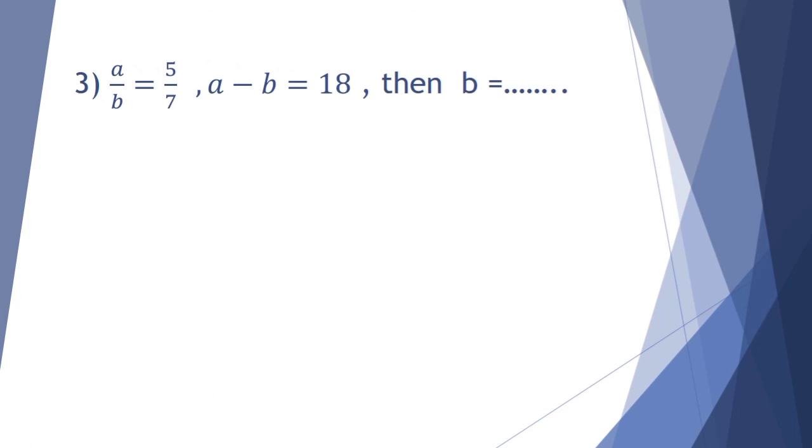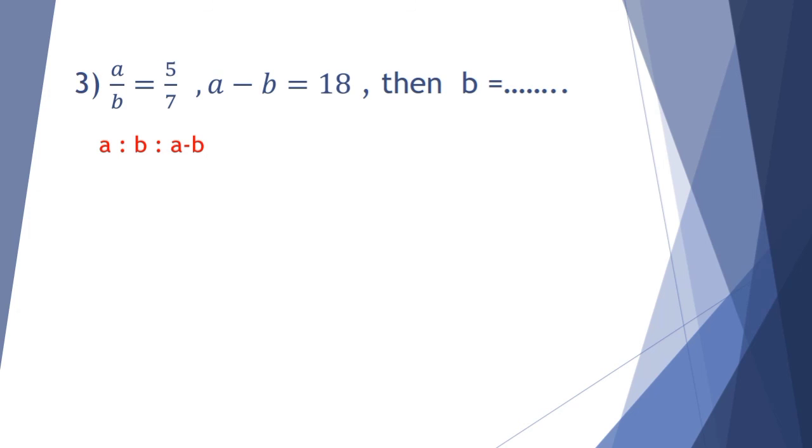3. The next one, A over B, 5 over 7, comma, A minus B, it means the difference, if you remember, equals 18. Then B equals, to solve the problem, I will write A to B, A minus B. A to B 5 to 7.